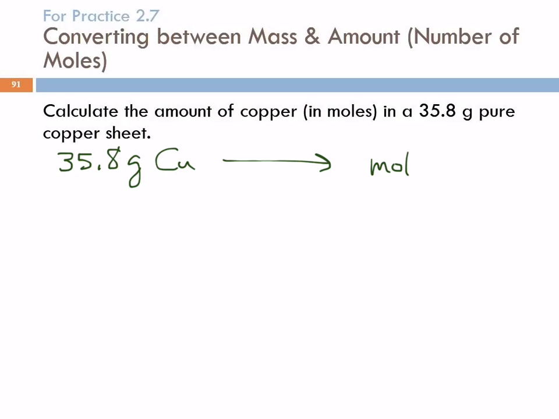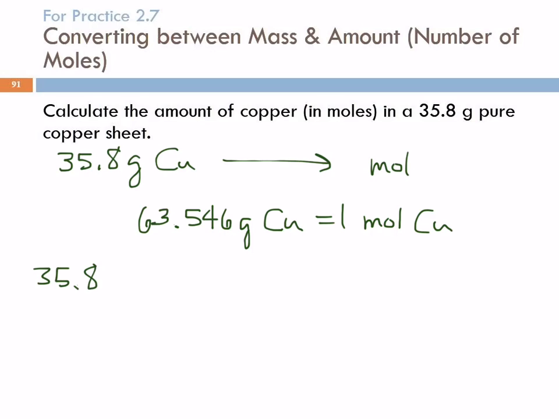The relationship is found on the periodic table. We find copper, and that periodic table says 63.546 grams of copper is equal to 1 mole of copper. So that's the conversion factor I use.